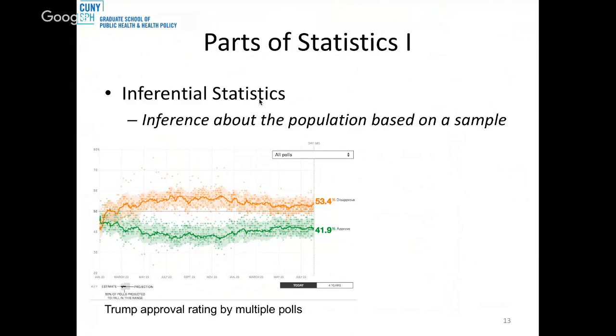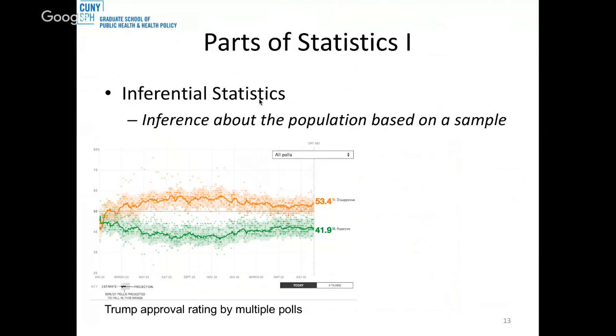The data points here are actually individual surveys, so they aggregate all of the different surveys being done, and then they plot an average here. They do a bit of weighting and adjustments for the bias of the polls, and then they put confidence intervals around it.